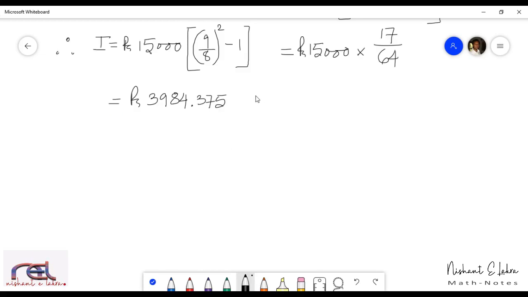But we will not write 3 decimal places. We'll just write 2 decimal places, so we will write rupees 3,984 and 38 paise, 3,984.38. So what is this? This is the compound interest.